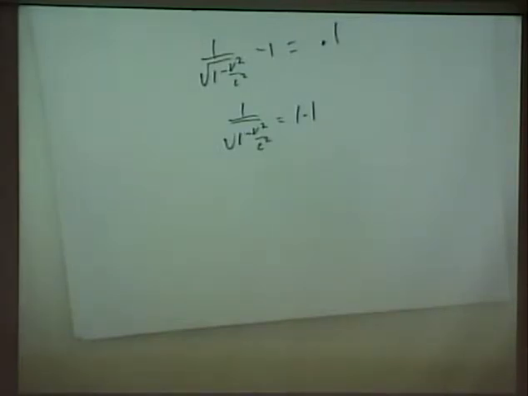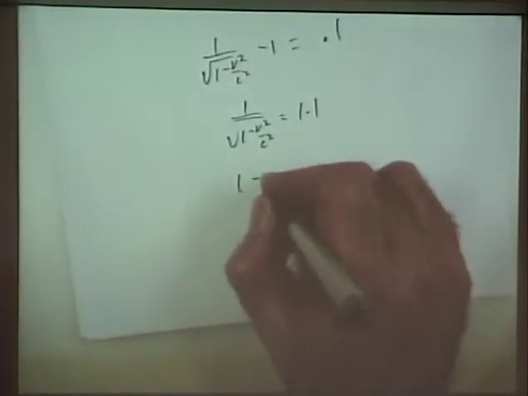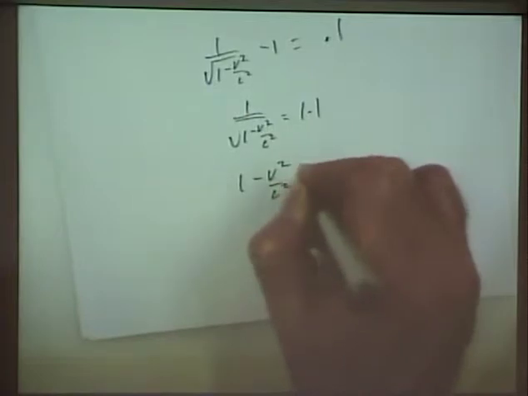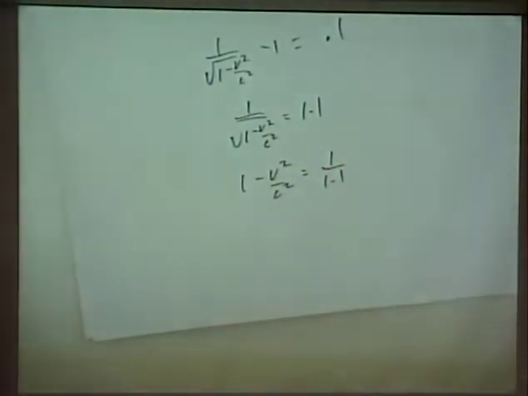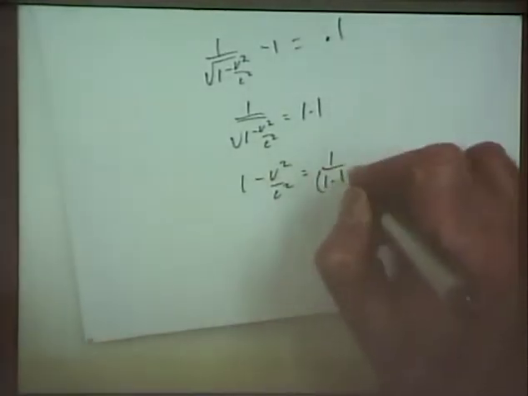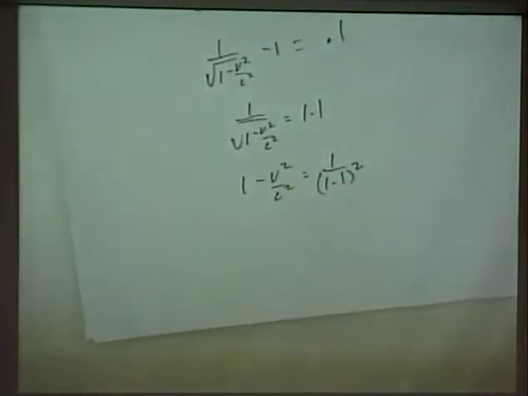Let's flip that over and square both sides. So I've got 1 minus v squared over c squared equals 1 over 1.1 squared. Don't forget to do that because that'll screw it all up if you don't.